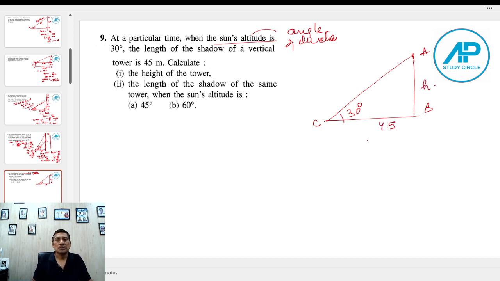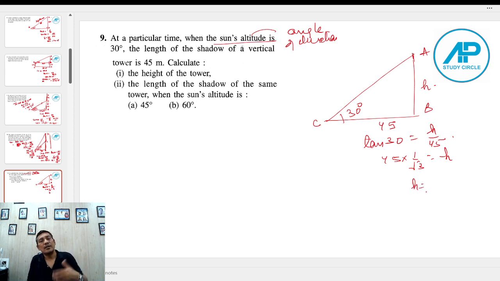Basic question. Tan 30 equals to h upon 45. It is 45 into 1 upon root 3 equals to h, multiply and divide by root 3 upon root 3. You have the answer 15 into root 3 meters. That would give you the height of the tower.